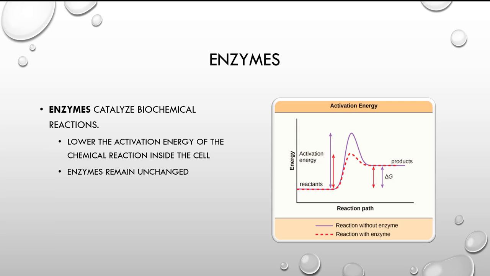What's unique about enzymes is that they can do this over and over again because they're not going to be changed at all in this process. Once the products are released, they can pick up new reactants and do it again, over and over. So they're not going to be used up in a reaction. And we'll talk more about that in a second.